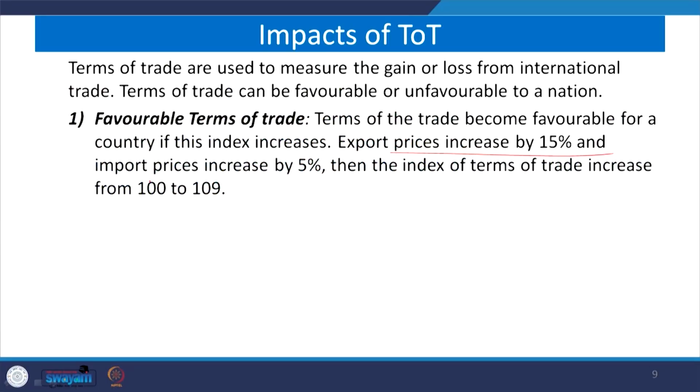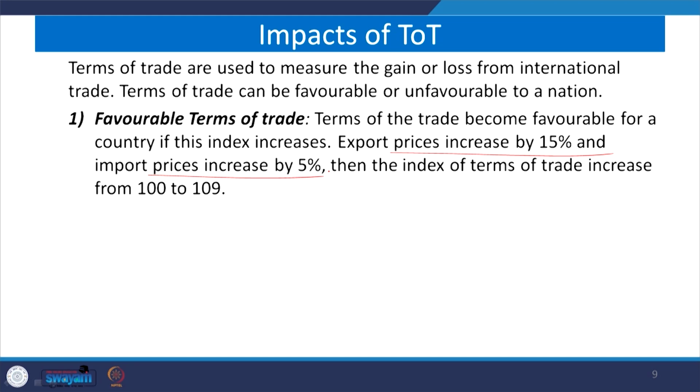Now, let us understand the concept with an example. What is called favorable terms of trade? Terms of trade becomes favorable for a country if that country's index rises, largely corroborated by an export price hike and a fall in the import prices. Let us have an example. Export price increases by 15%, whereas import price increases by 5%.